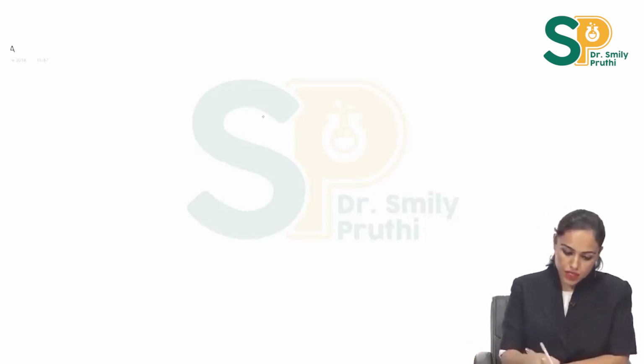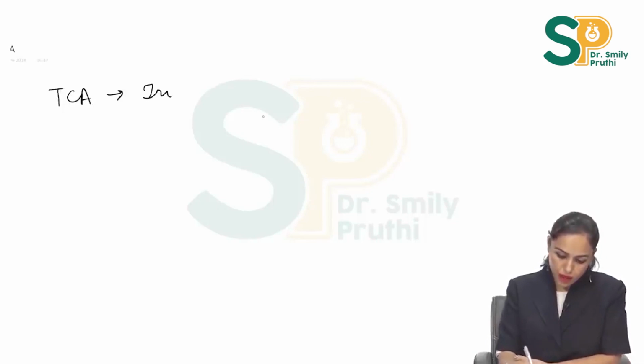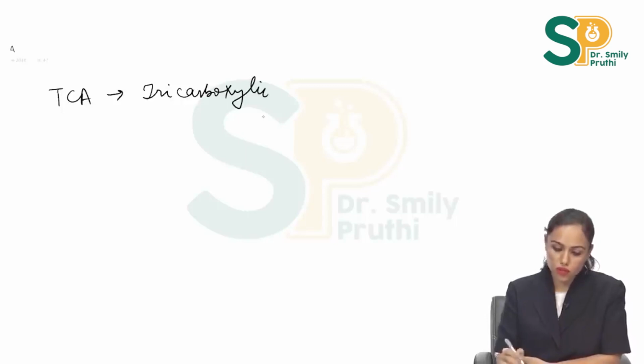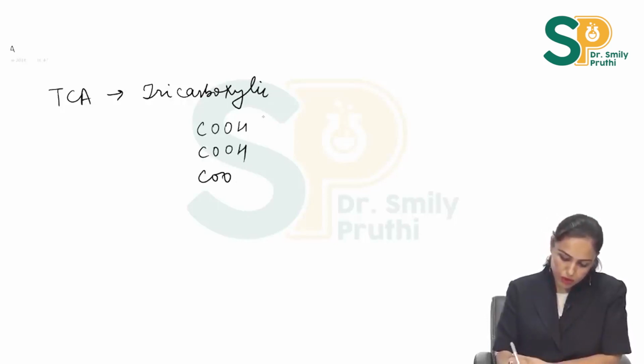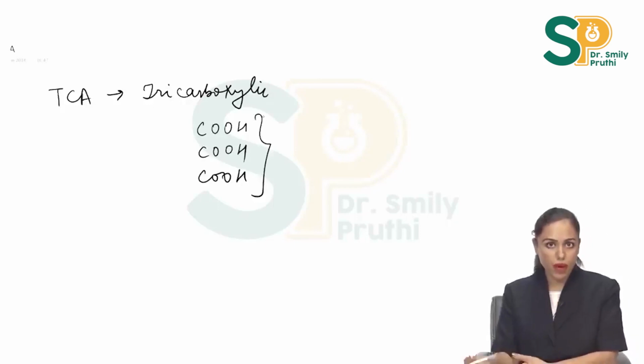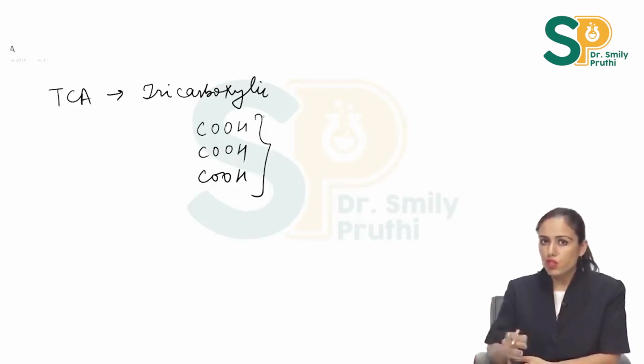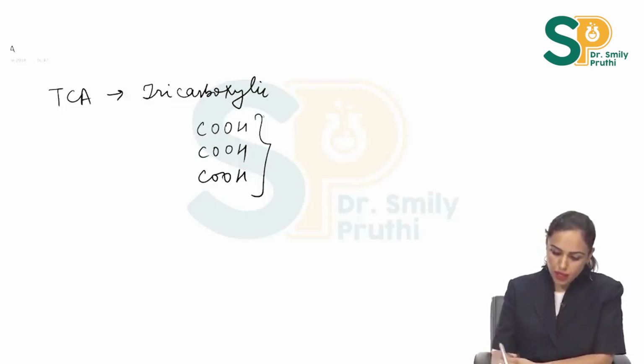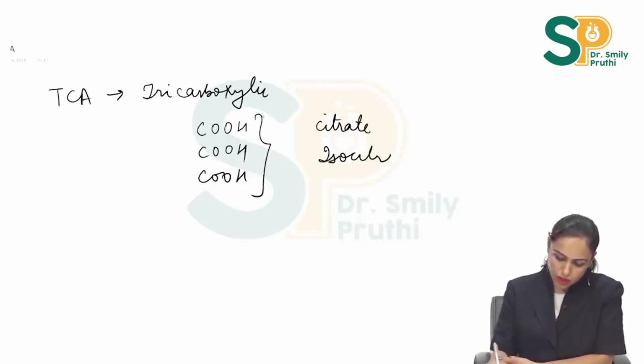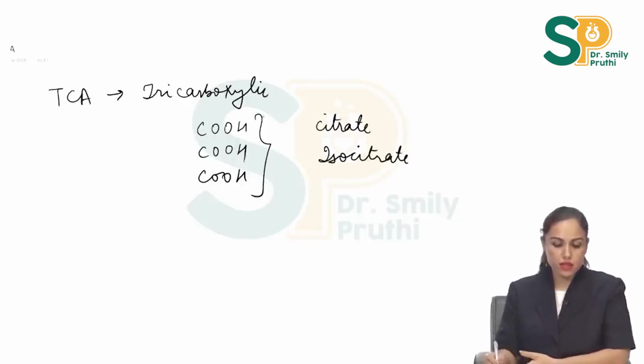First, we'll be understanding the names. One name is TCA. Why the name TCA? The full form is tricarboxylic acid. Tricarboxylic means 3 COOH groups, 3 carboxyl groups present in some compound. And let me tell you, the first 2 compounds formed in TCA, that is citrate and isocitrate, are tricarboxylic acids, right?